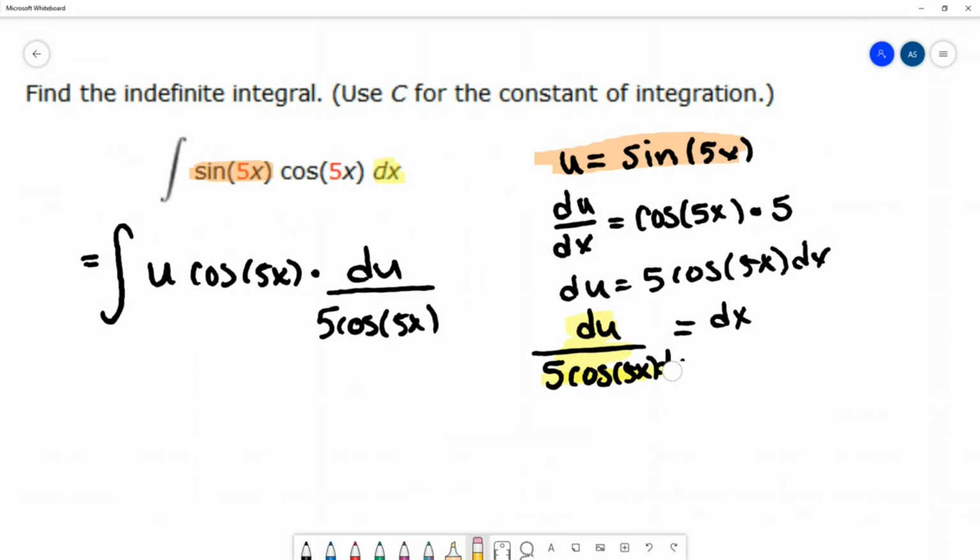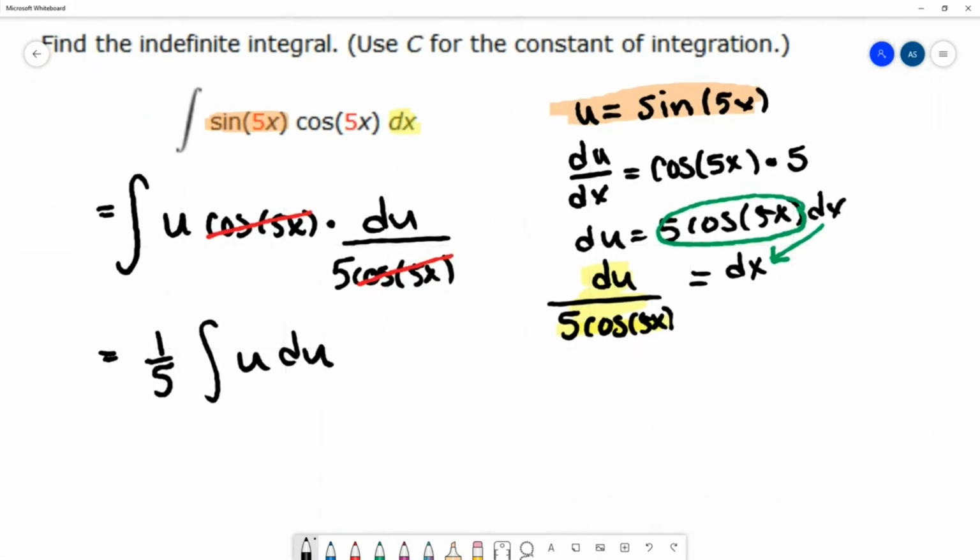And I just noticed I have an extra dx here that shouldn't be there. We divided both sides by all of this, so the dx stays on that side. Okay, so making my substitution, I have u cosine of 5x du over 5 cosine of 5x. Just like the last time we did this, our other variable cancels out, cosine of 5x, which is a very good sign for us. We can write this as 1/5 the integral of u du.